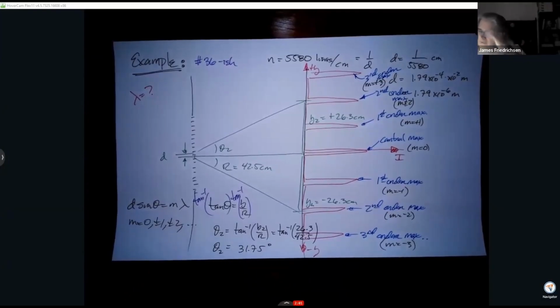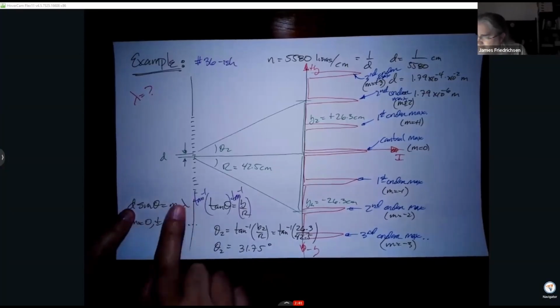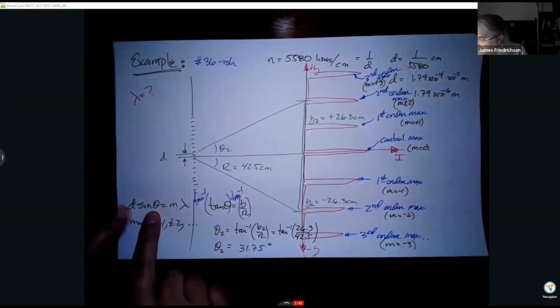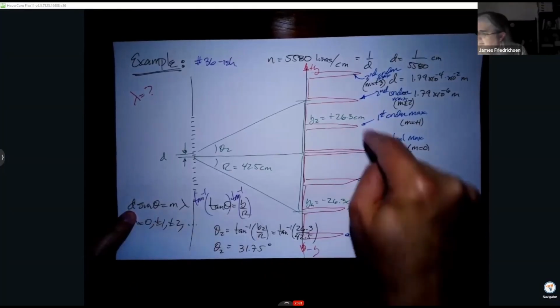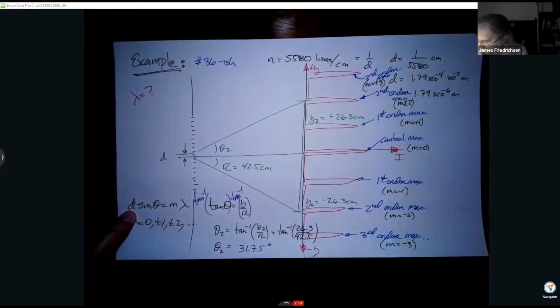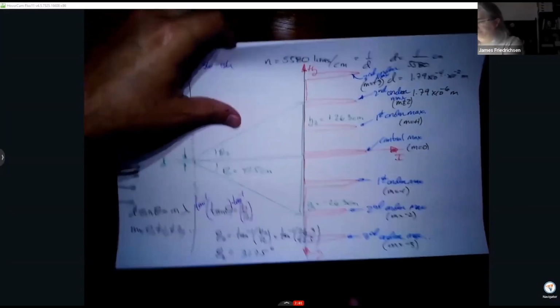Okay. And that's usually how it goes. But what we're going to do is the same thing we did on all the problems. They're all going to solve the same. So it's kind of a nice thing, I think. Now we want the wavelength, so we're going to get it out of this formula. We got the theta, we know the d, and we know the m number from the picture. And so we can get the lambda.